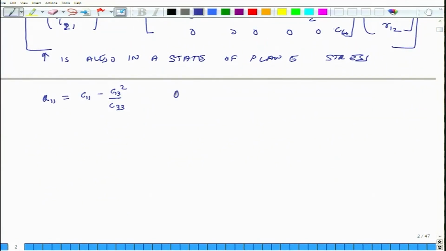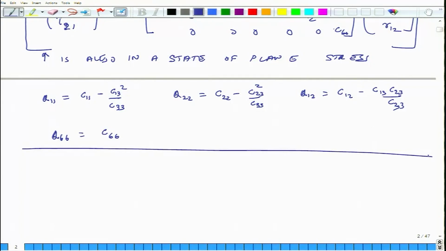So, this is Q11, okay, and then Q22 equals C22 minus C23 square divided by C33, and Q12 is equal to C12 minus C13 times C23 divided by C33, and Q66 is equal to C66.